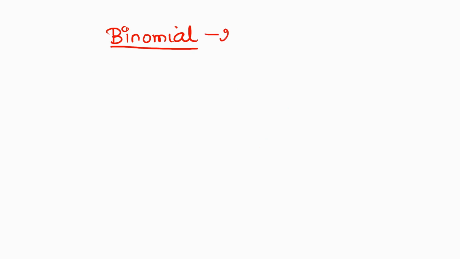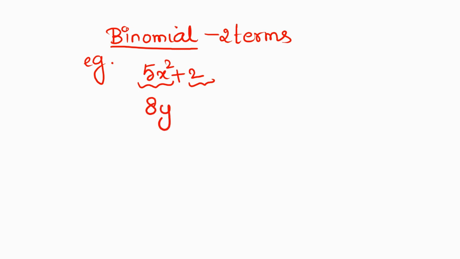Next we will consider binomials. Bi means two, so we will have two terms. Normally these terms are connected one to one either with a plus sign or with a minus sign. Here 5x square plus 2. Here 5x square is one term and 2 is another term.